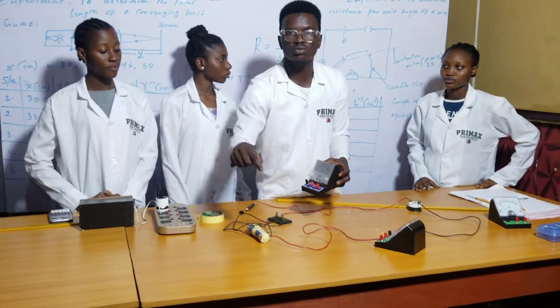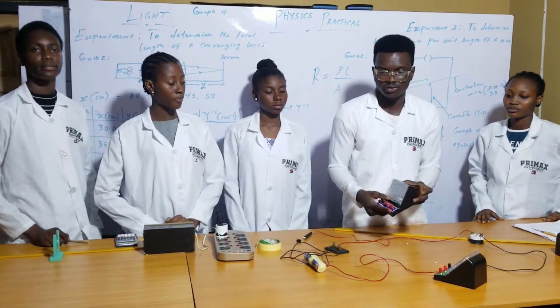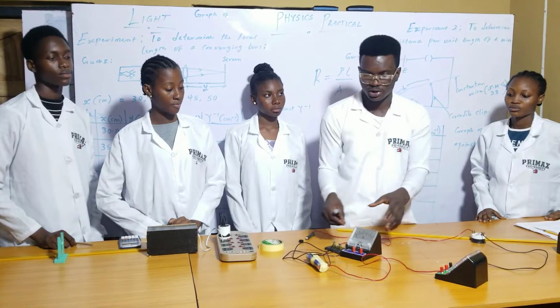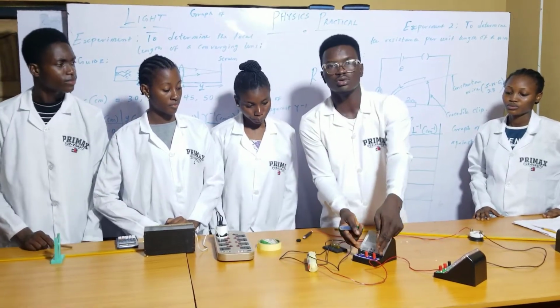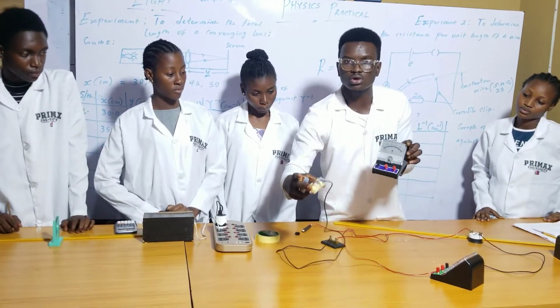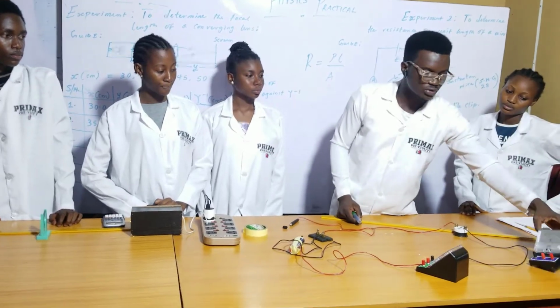That is the total work that this battery can do. Before you start the experiment, I will show you how to quickly do that after the setup. So you connect the battery directly to the voltmeter, then you measure the EMF of this battery, the work done by this battery.